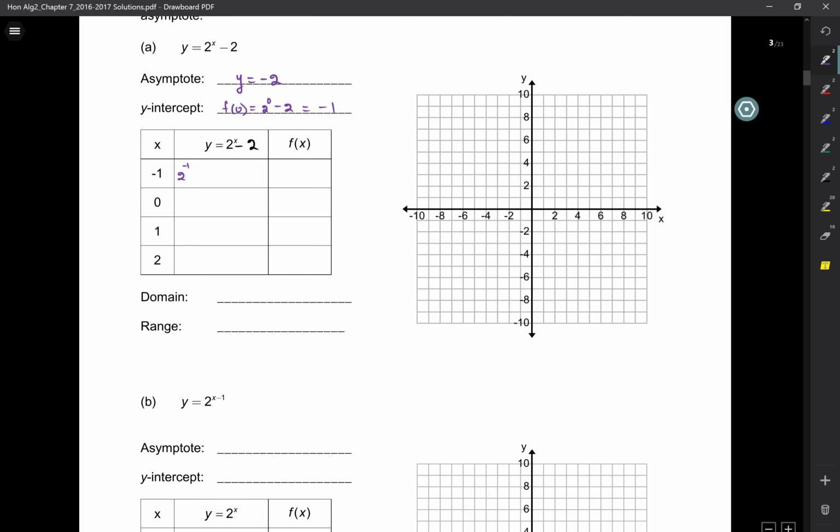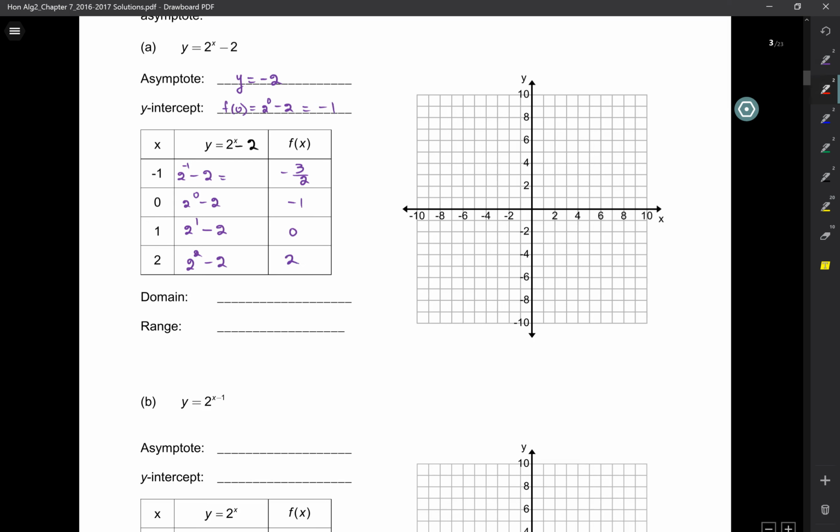All right. So 2 to the -1 minus 2 is going to be 1/2 minus 2, -1 1/2, so -3 over 2, right? 2 to the 0 minus 2, we just said was -1. 2 to the 1 minus 2, 0. 2 squared minus 2, 2.